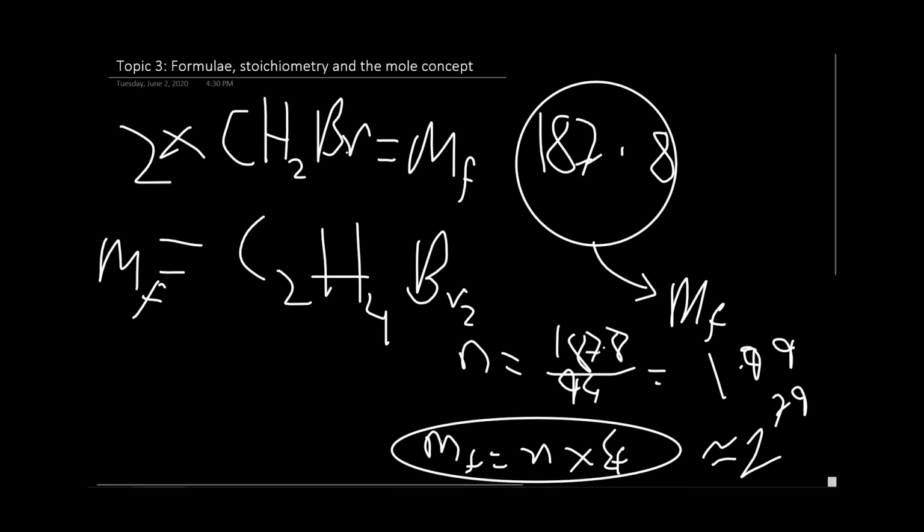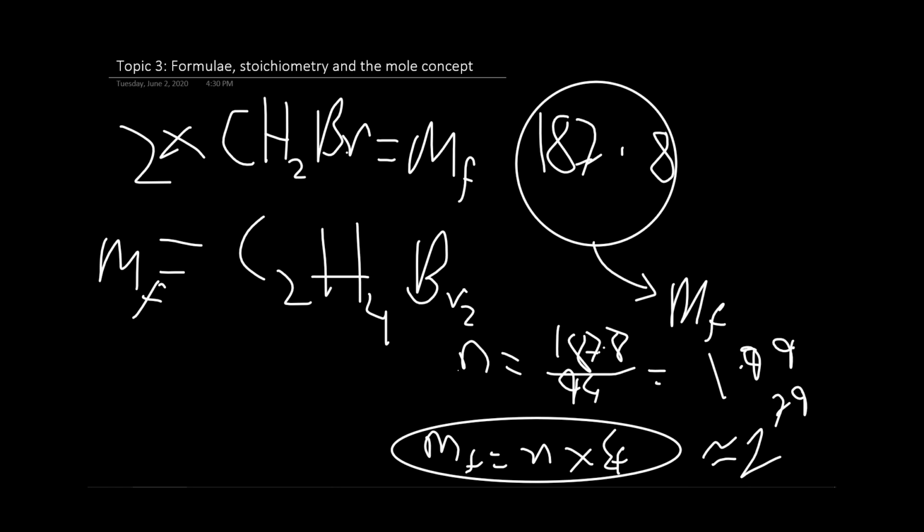This is where the usefulness of empirical formulas comes in. When you have the empirical formula and the molecular mass, you can use them to calculate the actual, original, untampered formula.